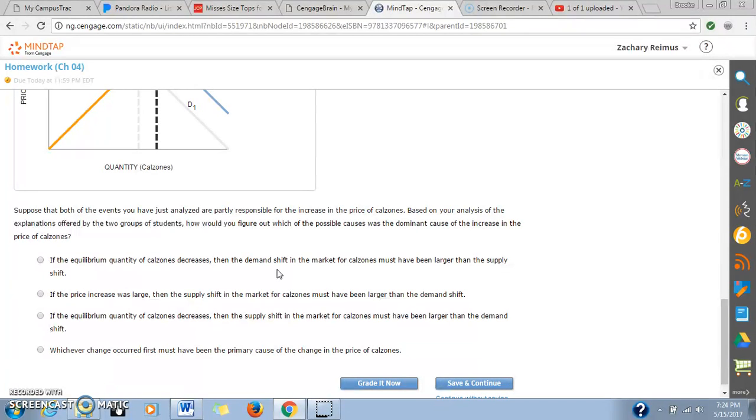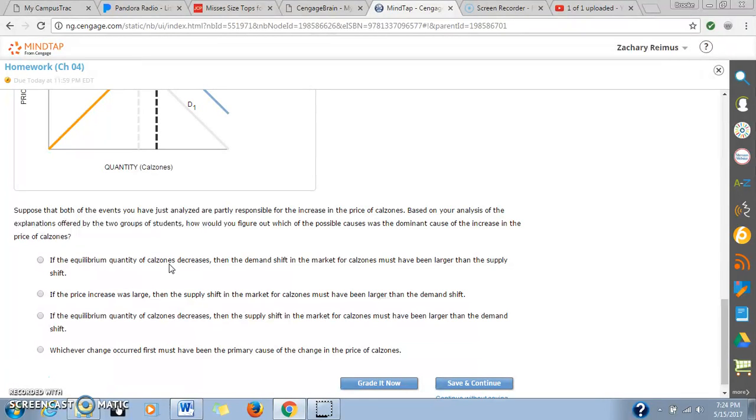When we're worried about shifting two curves at the same time, both demand and supply, if they're moving so that the one goes in the same direction, then our undetermined equilibrium point, which is our quantity for this problem, whatever direction that shifts tells us which of the two were larger.